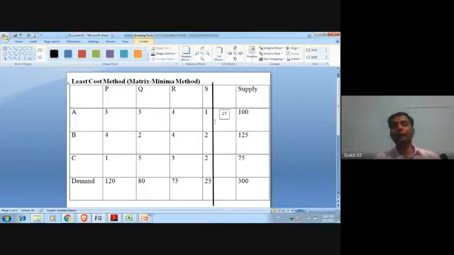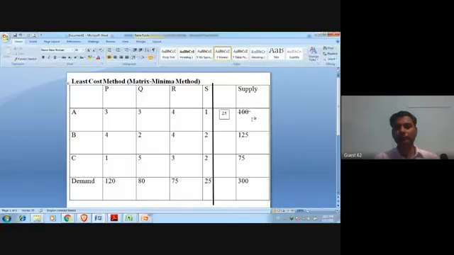But after giving the 25 units, how many units are left with factory A? That will be 75.